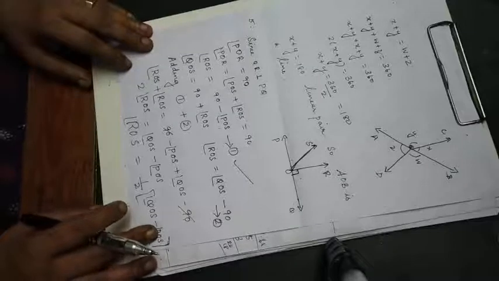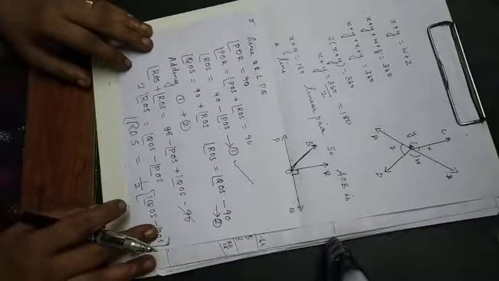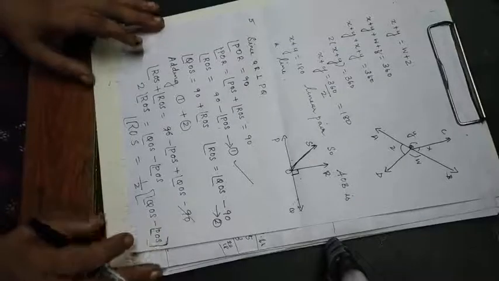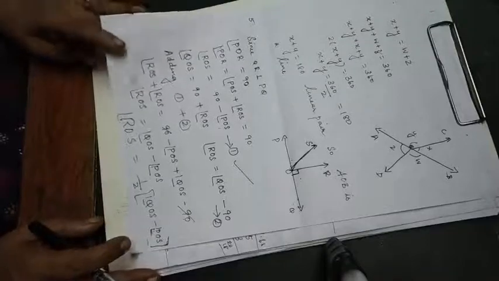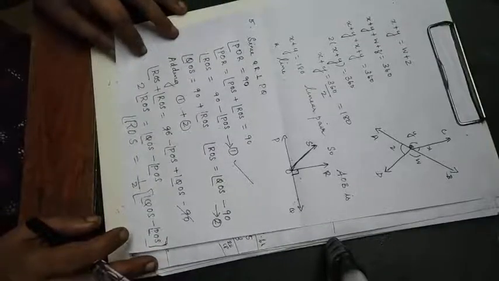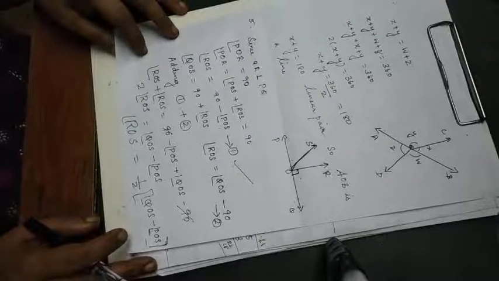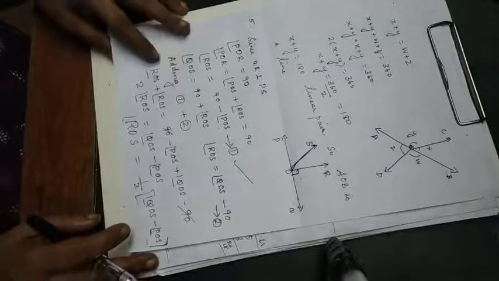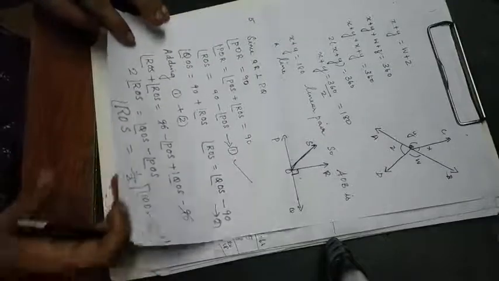it is given that XYZ is equal to 64 and XY is produced to point P. Draw a figure from the given information. If ray YQ bisects ZYP, find XYQ and the reflex angle QYP.